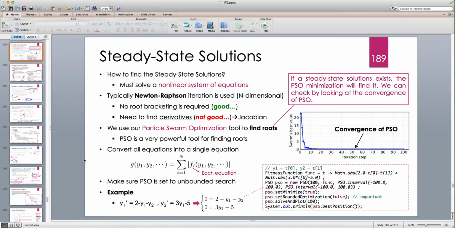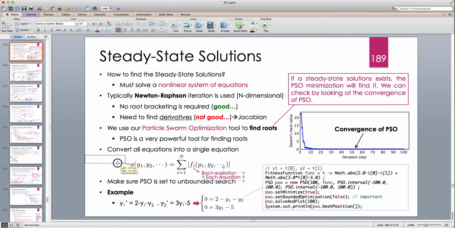That's at least for real functions, and we know that here we're dealing with real functions. When we take the absolute value of a real function, or even a complex function, the result is always real. So this g of y1, y2, etc. becomes basically our fitness function for the PSO.